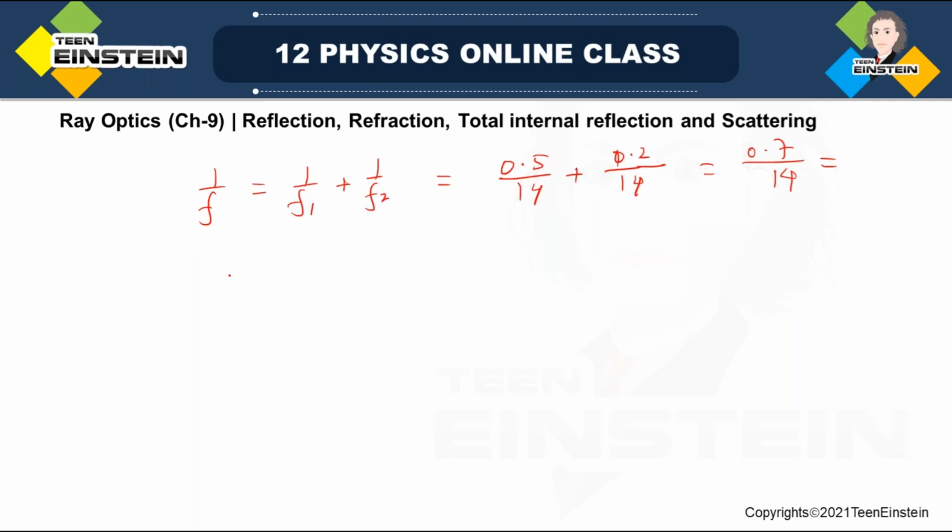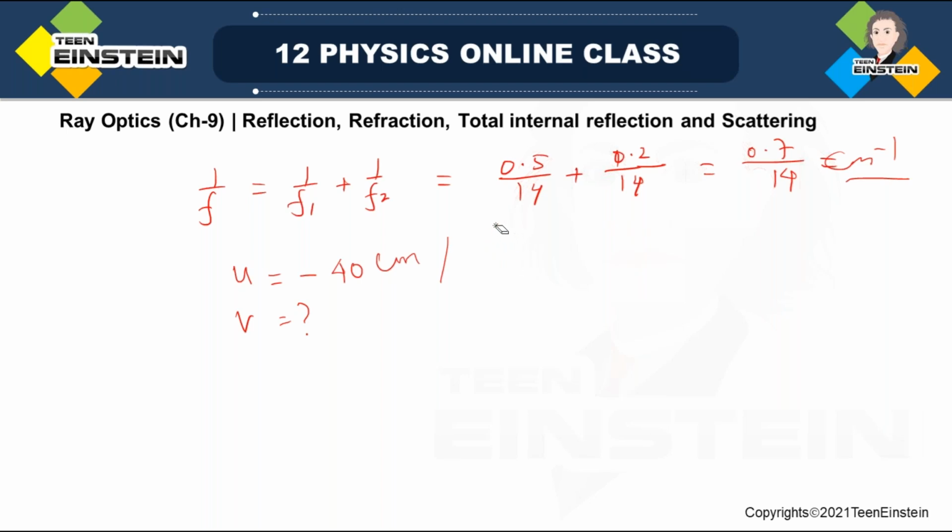So now see, the u was given as 40 centimeters, suppose, and this has centimeter inverse unit, and v we have to find out. We know the focal length of the combination.